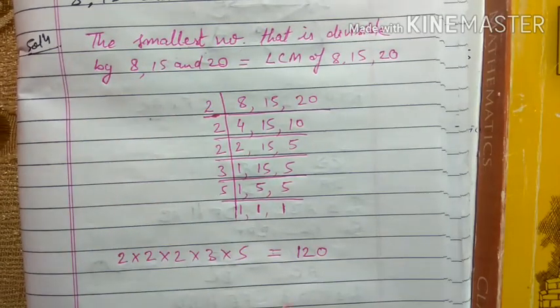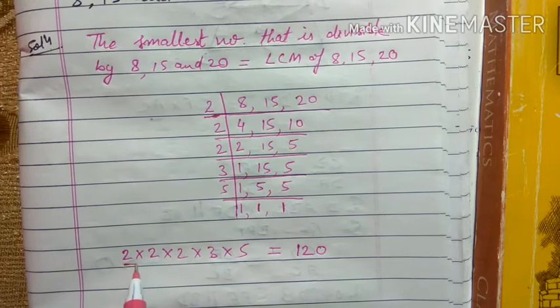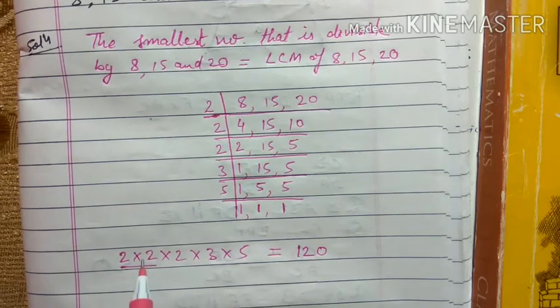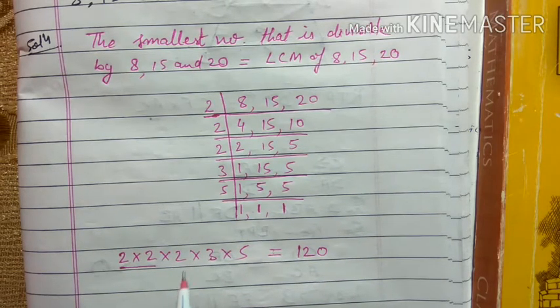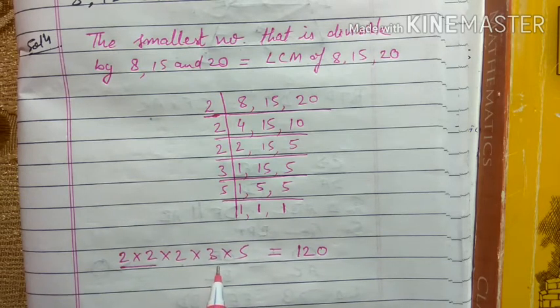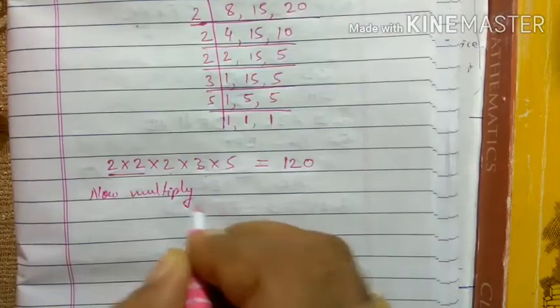Now we have to check whether this 120 is a perfect square or not. For that we have to take the pairs. So 2 into 2, this one pair we get, and 2, 3 and 5 are left. It means if we multiply both sides by 2, 3 and 5, then we will get a perfect square.